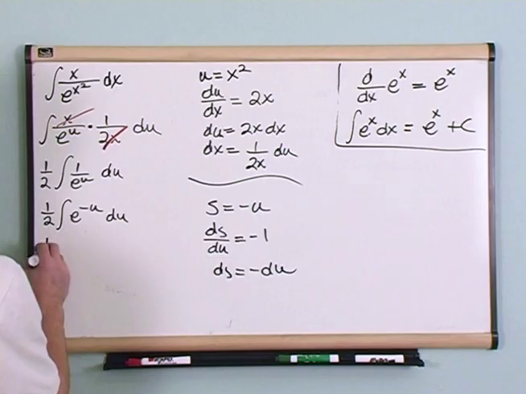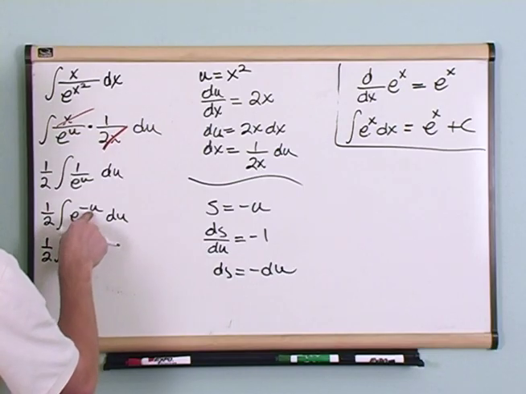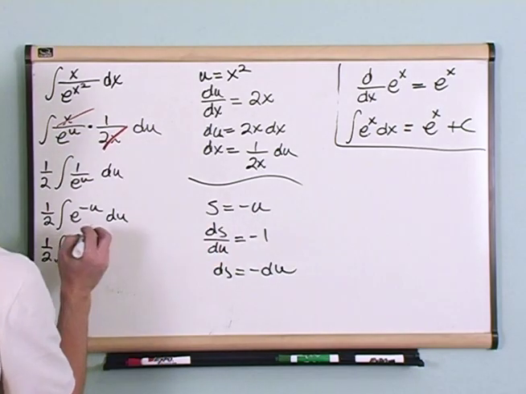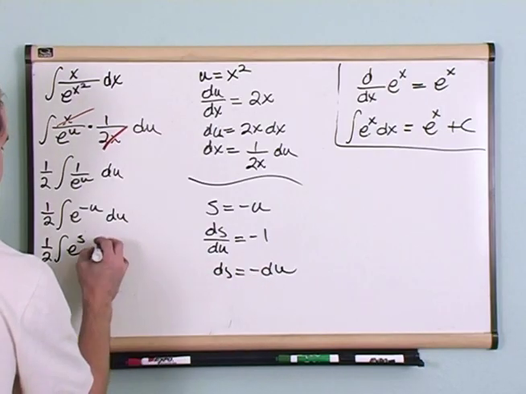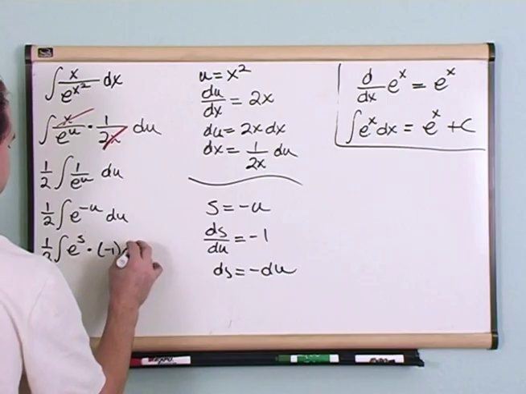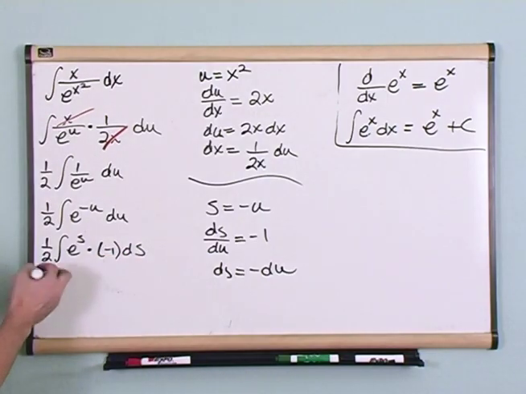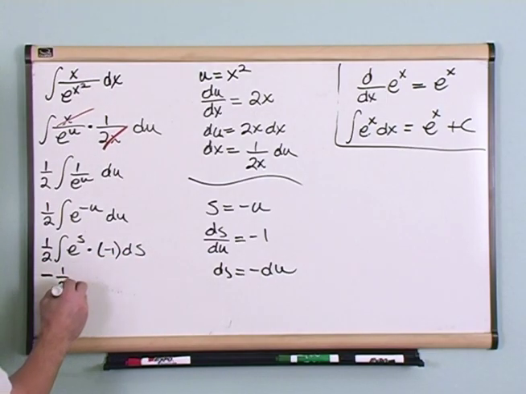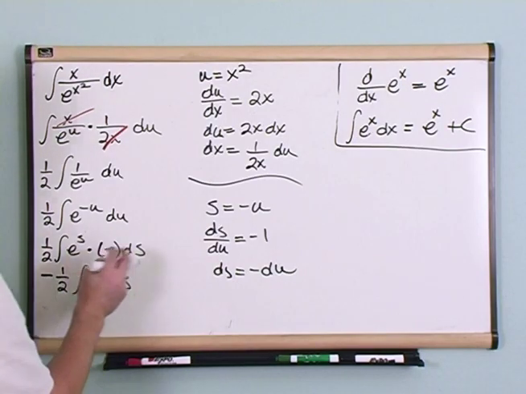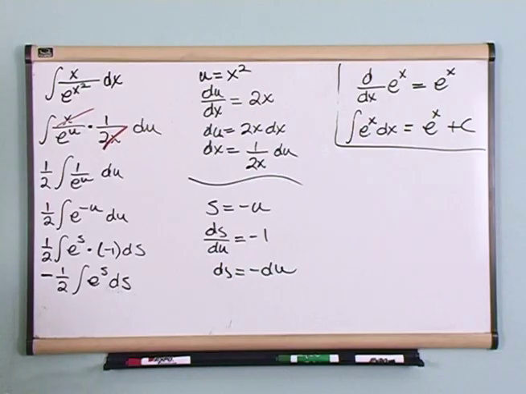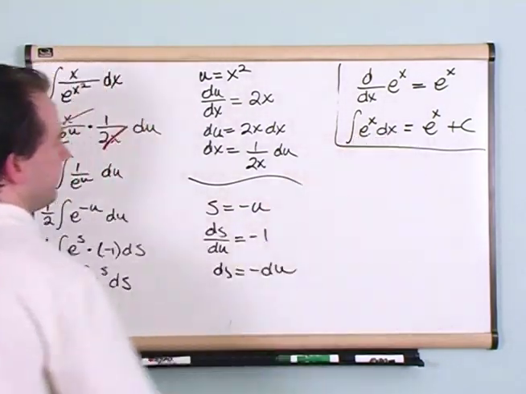So then you're going to have 1/2 integral e to the s times du. And du, if you move this over here, is just negative 1 times ds. So the negative 1 can come out, so you have negative 1/2 integral e to the s ds. Now it's exactly in the form that you need it.